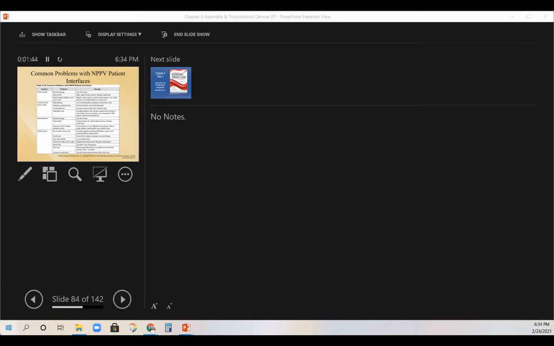And claustrophobia, a lot of people get claustrophobia from this. And then you can also get aspiration risk. So if you happen to throw up in the middle of the night or get sick, it can actually cause a lot of issues.